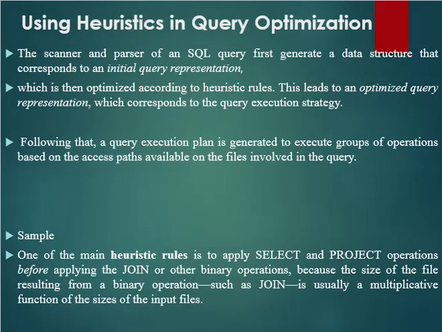So here we are using heuristics in query optimization. We call it heuristic optimization because there is no theoretical study behind it. It actually comes from the experience of different databases.